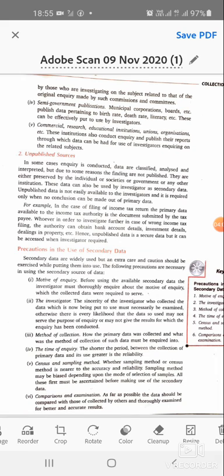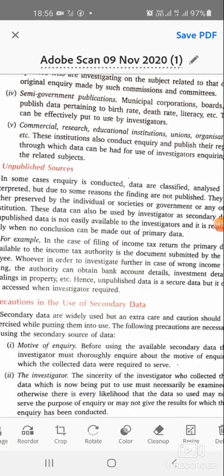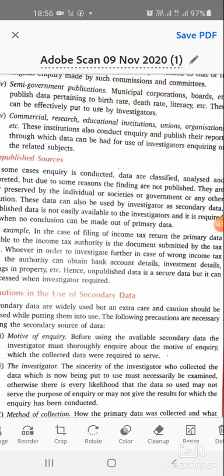Fourth, semi-government organizations. Semi means half. Municipal corporations, boards, and different health agencies also publish their data regarding death rate, birth rate, and literacy rate. As students we can use that data. Fifth, commercial, research, and educational institutions, unions, and organizations.